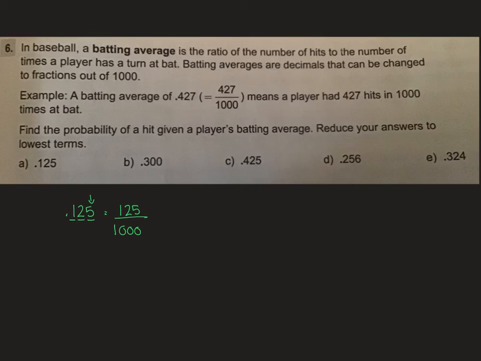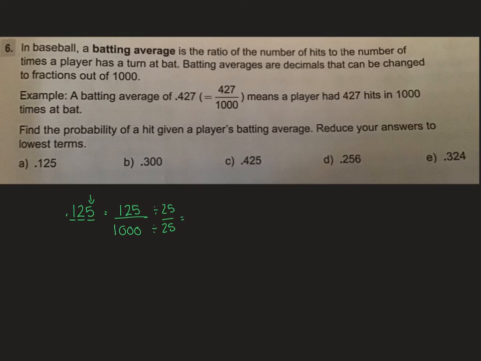Then we need to simplify. So you might have different ways of doing this. You might start by seeing that this is divisible by 5. You might start by seeing that this is divisible by 25. That's what I'm going to start with.